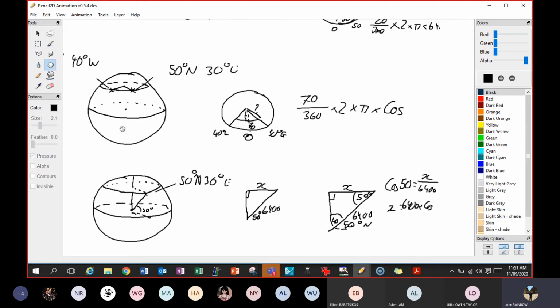I'm running out of room. I'll just move it across. 6,400 multiplied by cos 50. So what you can write it as is cos 50 by 6,400.